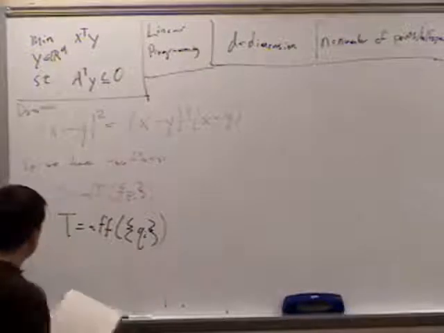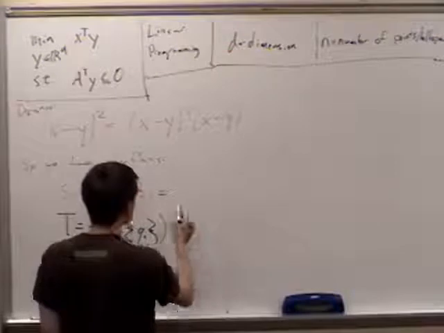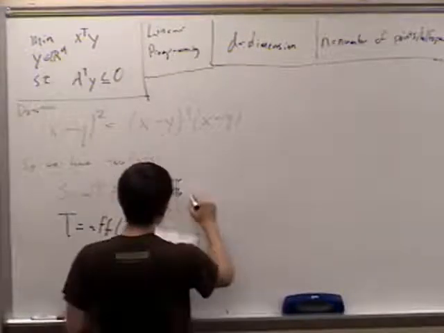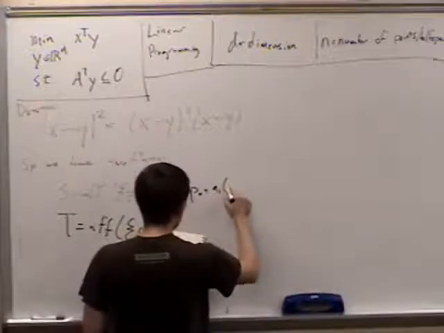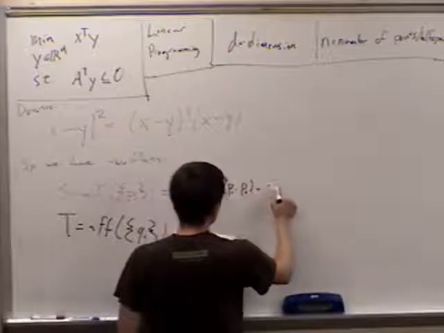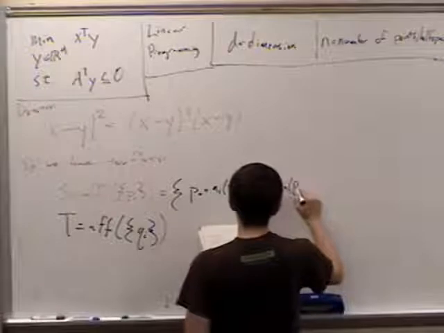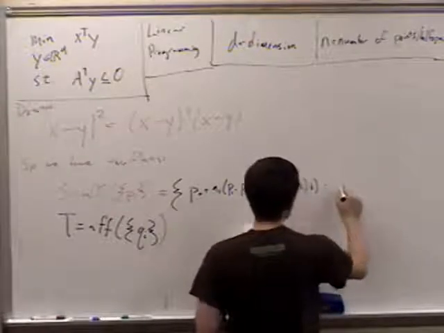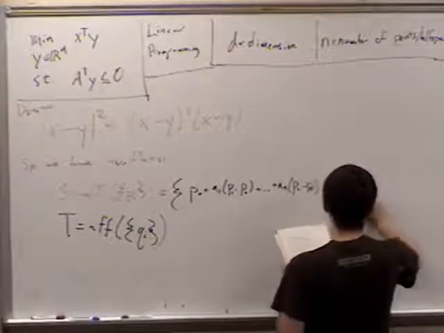Which means that if we take the point P0 and leave it fixed, this is going to be equal to the set of all points P0 plus A1 (P1 minus P0), etc., plus An (Pn minus P0), where these Ai's have no constraints on them.